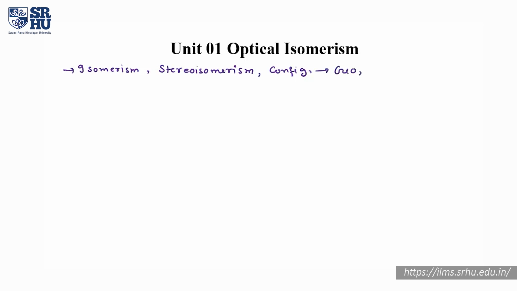We have taken the example of geometrical isomerism, and then we have taken examples of optical isomerism. Then we have got an introduction with conformational isomerism.